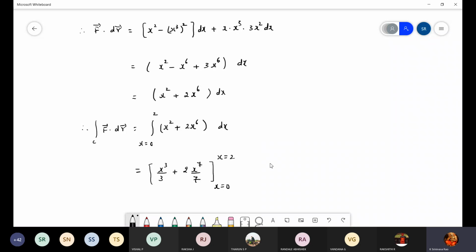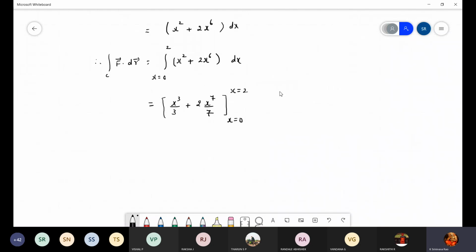And the final answer is: upper limit, you will get x equals 2, 2 cube by 3 plus 2 into 2 power 7 divided by 7.